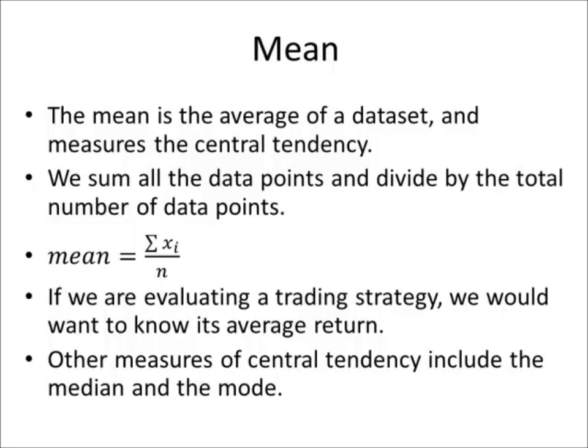But the point is that it would be in the middle of the data set, and that would be the median, whatever that value was. So that's not necessarily going to be equal to the mean, right? Mean is the average of all the values. And the mode is essentially the most frequent number that comes up. If you have a data set, you look at which number comes up most often, and that is the mode.